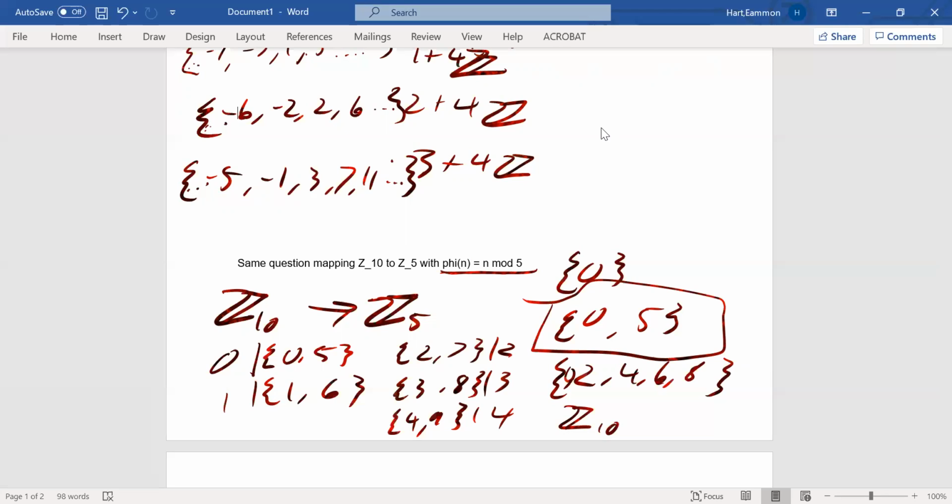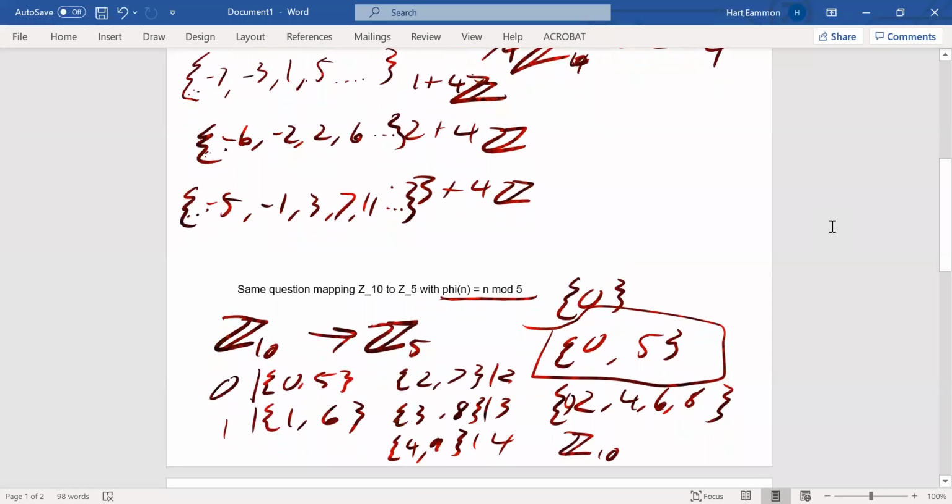So these are going to be the 5 cosets that are associated with this, and the number of cosets is going to be associated with the order of the group that you're mapping to. So Z mod 5 has 5 elements, so there's going to be 5 cosets associated with it.